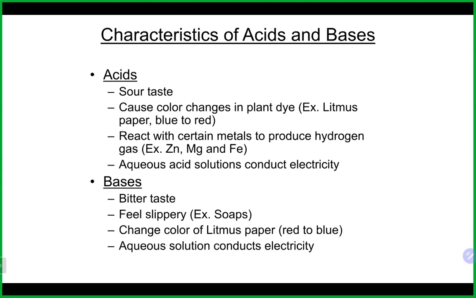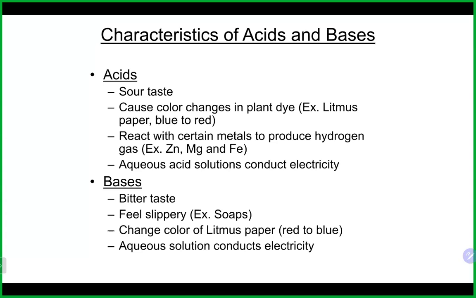All right, so let's talk a little about acids and bases. Acids have some characteristics. Acids have a sour taste. They do cause litmus paper to change color, and oftentimes litmus papers are little pieces of paper, really plant dyes, and basically you can tap a drop of your solution on the paper, and it will turn color.